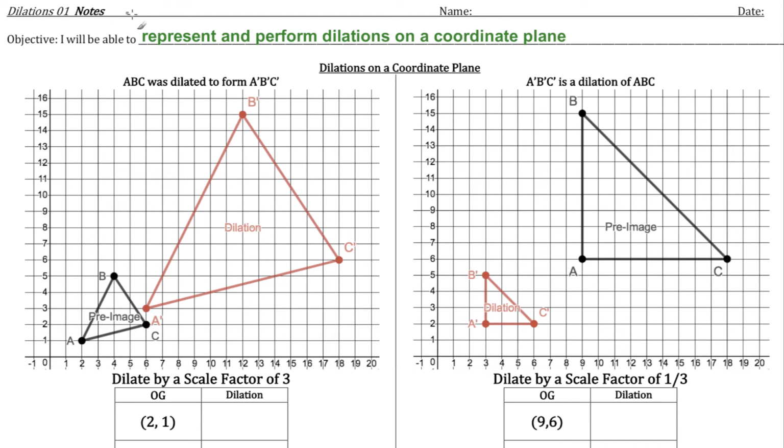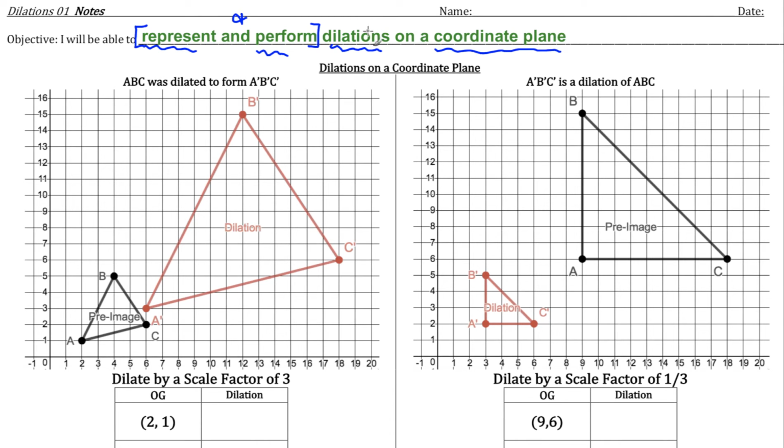All right, so in this lesson, we are going to represent and perform dilations on a coordinate plane. So we've talked about other transformations like translations, reflections, rotations. Those are rigid transformations.